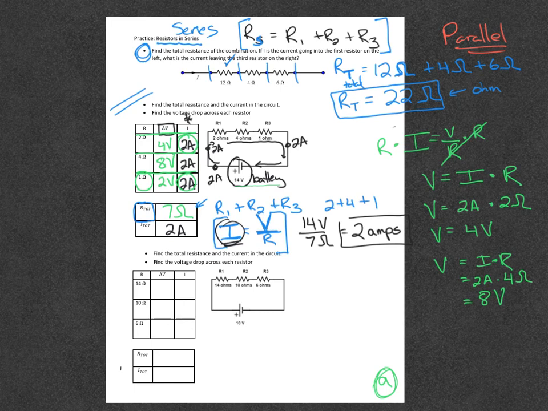But remember, step 1, do this first. How did we do it? We added up our resistors. Step 2, I equals V over R. And remember, your unit comes out to be amperes. Step 3, everyone gets the same current because we're not splitting our electricity.